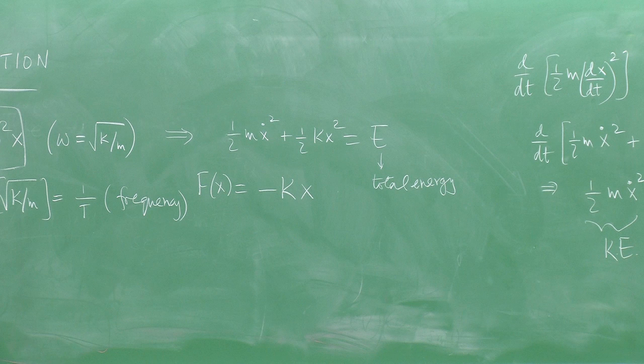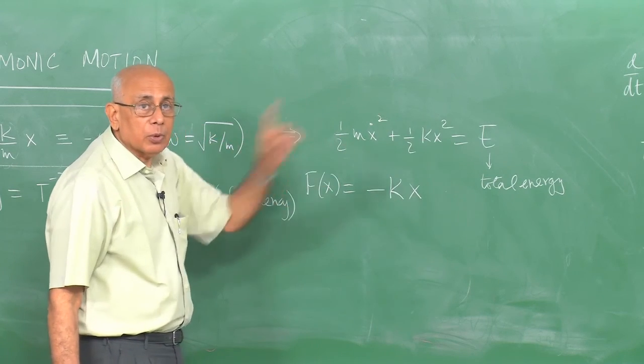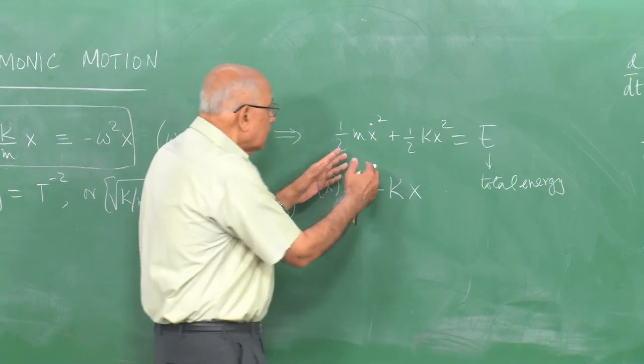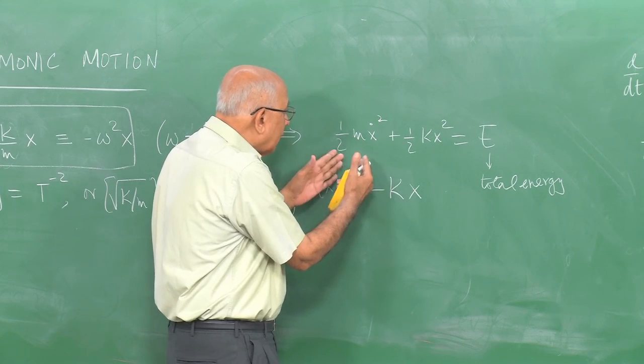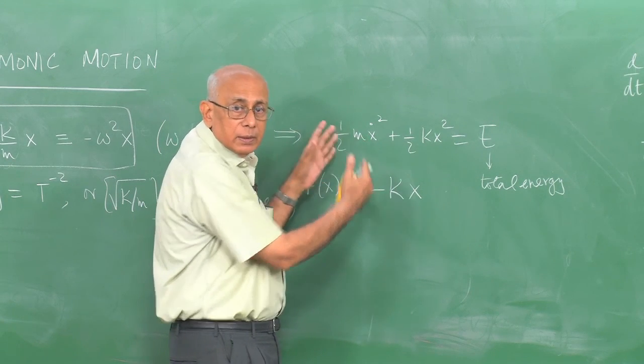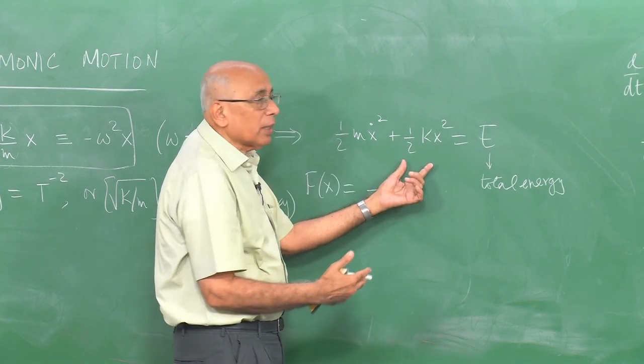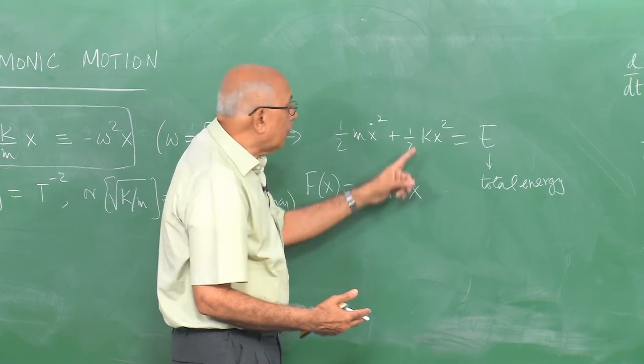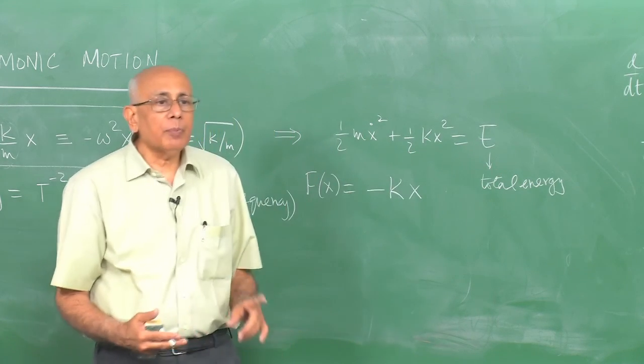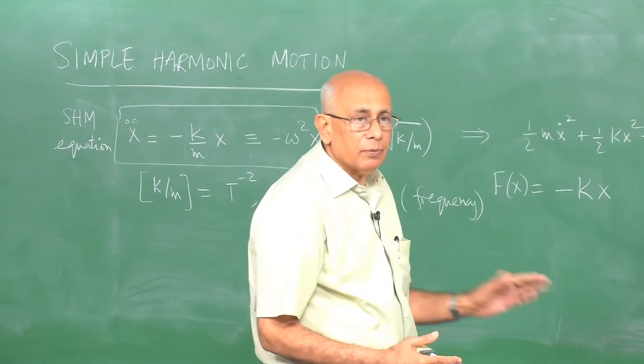So as soon as you have this equation, or you have a quadratic potential, a potential proportional to x squared, you have the statement that 1/2 m times the velocity squared, this kinetic energy, plus this potential energy is a constant, and the potential energy has the shape of a parabola because it is 1/2 k x squared.